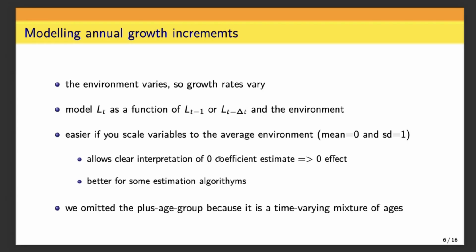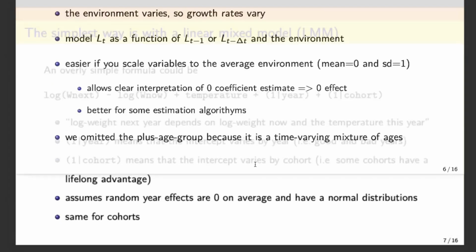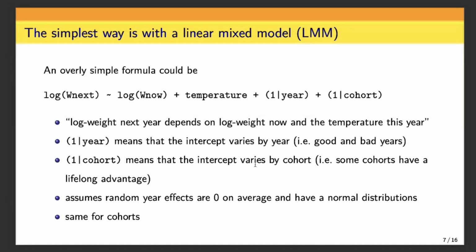It's also better for some of the estimation algorithms, which have better convergence properties. And just a side note, we omitted the plus age group because it is a time-varying mixture of ages, and we didn't want to confound the time-varying environment with the time-varying mixture of ages. So we just subset that out in all the analyses.